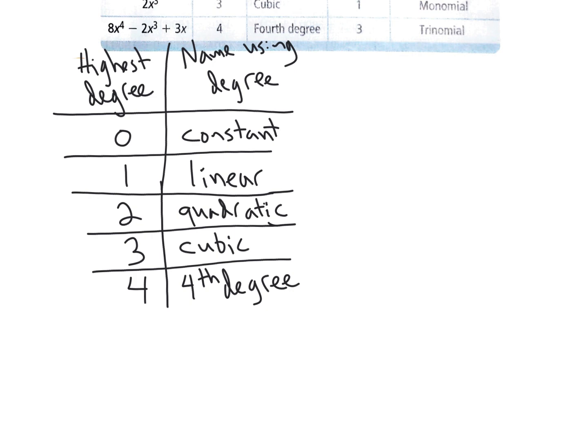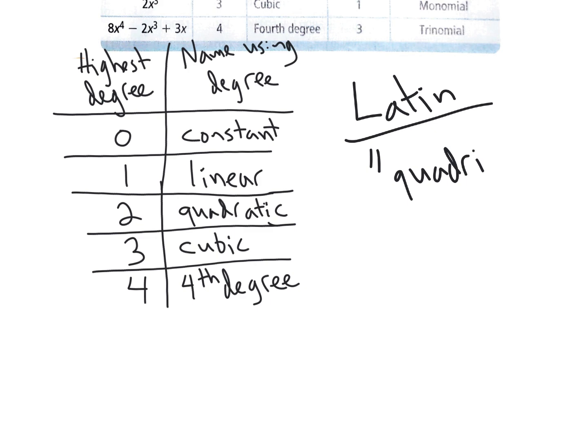Or like your quadriceps, I think, is 4 different muscles. Anyway, in Latin, probably none of you take Latin, but in Latin there is quadri, or quadri, I'm not sure how you pronounce it, which means 4.